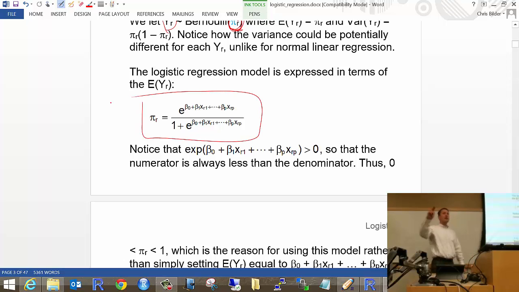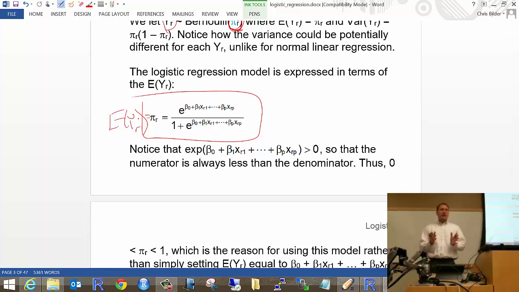E raised to now the linear combination of the betas with the x's over 1 plus e raised to the linear combination of the betas and the x's. So it's very, very similar to what we saw before. But now we have this little weird transformation of this linear combination of the betas and the x's. Just for emphasis, I'm going to put y, expected value y here as well.